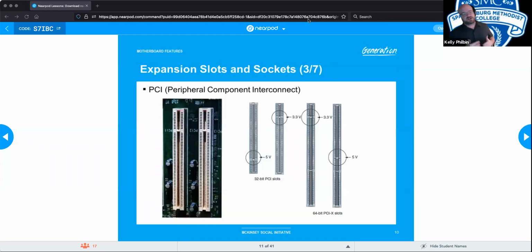So if we can utilize less voltage to run a NIC card or a sound card, that frees up voltage that we can use for something else. So we definitely want to move towards components with lower voltages to get as much efficiency out of our power supplies as possible. So in this particular case, the older PCI slots required more juice than the newer ones.